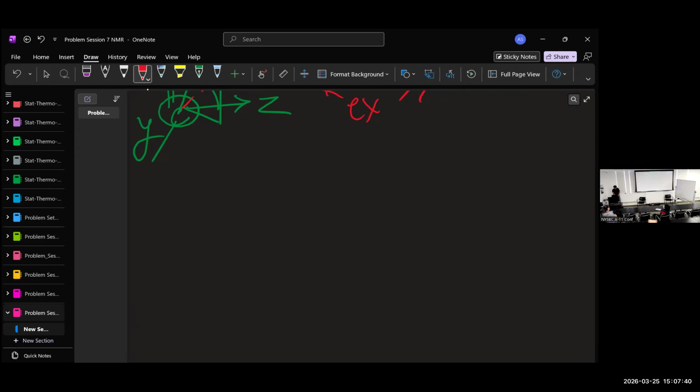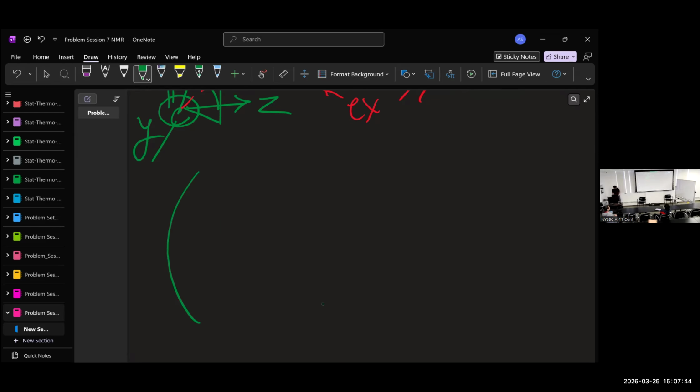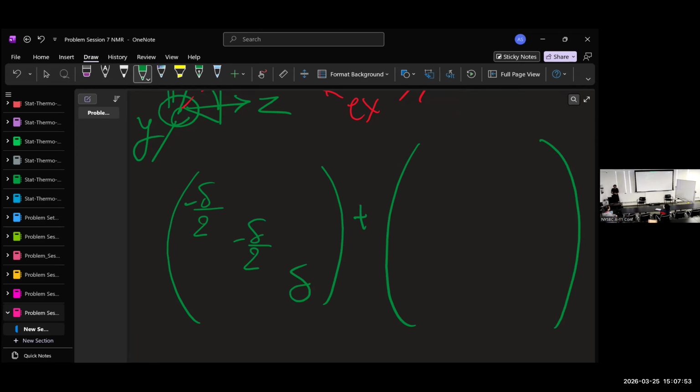Well, I just do this, which is the original tensor, plus the rotated tensor. If I do this addition, will I still have off-diagonal terms? I will, right? Then the average tensor is still not in its principal axis system.